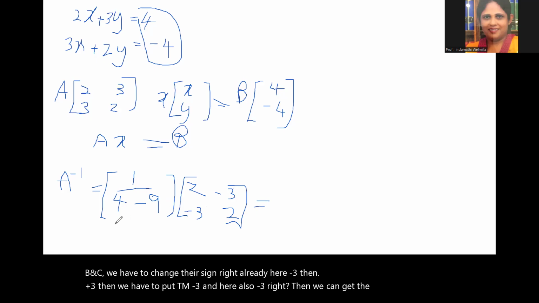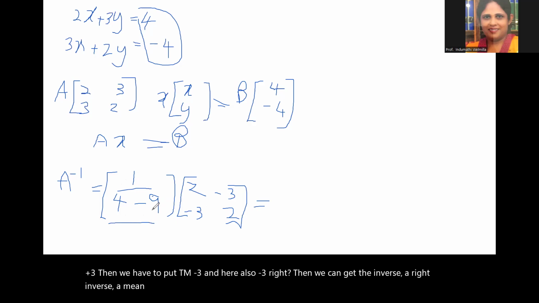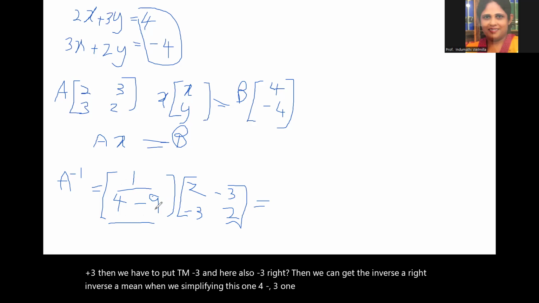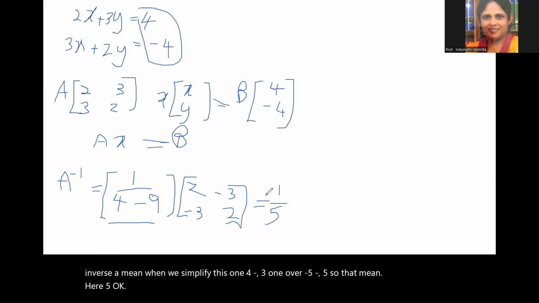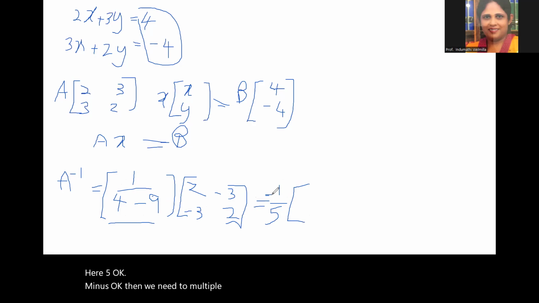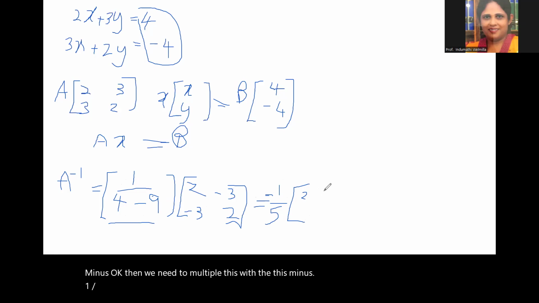Inverse A, when we simplify this one, 4 minus 9, 1 over -5, so that means -1 over 5. Then we need to multiply this minus 1 over 5 with these two, the matrix with -3 and 2.